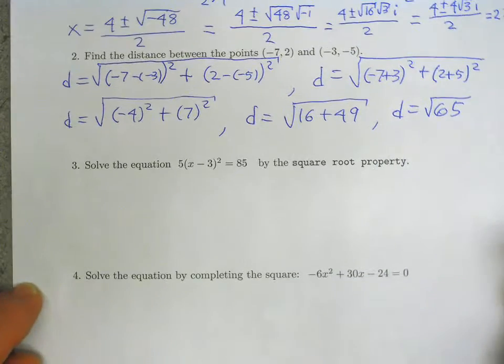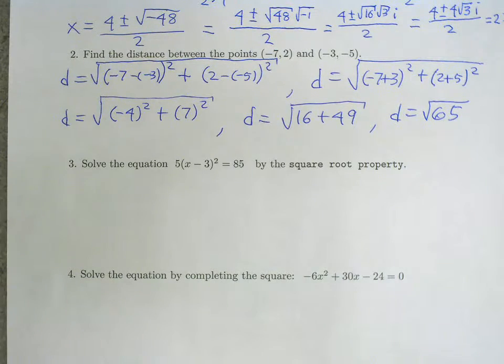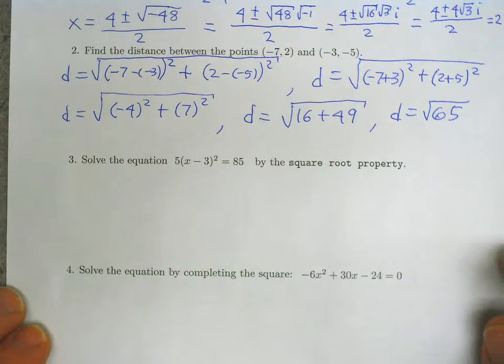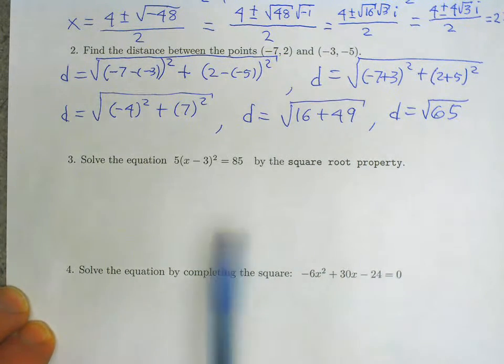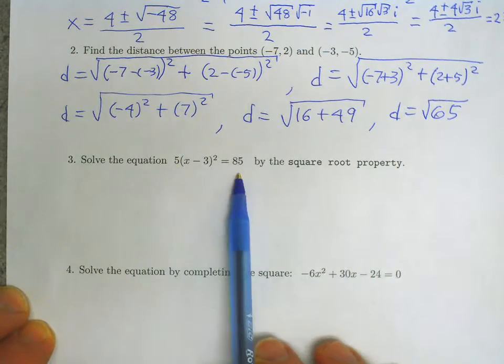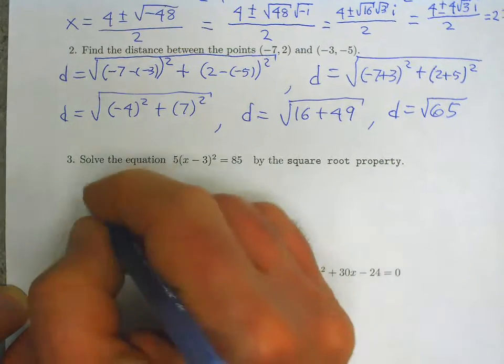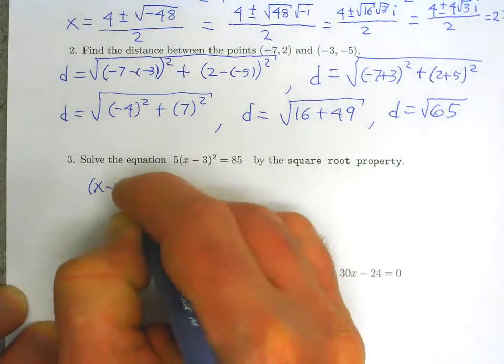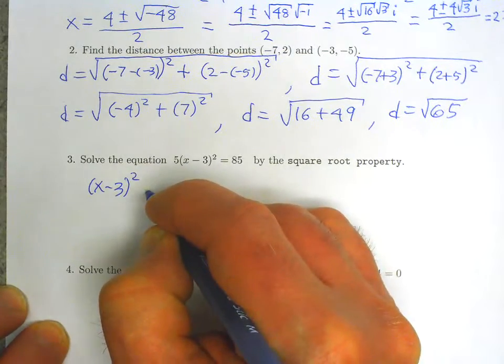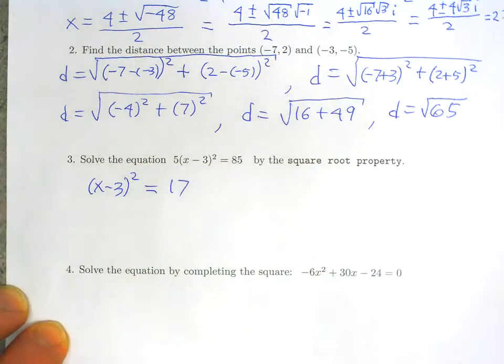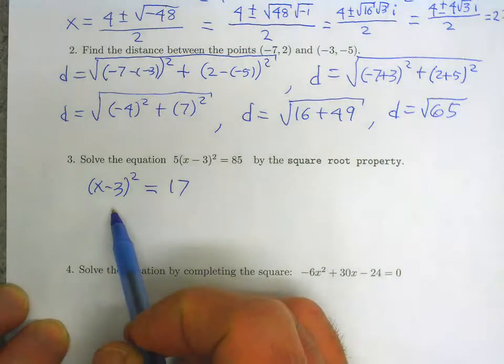The next problem, solve the equation 5 times the binomial x minus 3 squared equals 85 using the square root property. So first we want to divide both sides by 5, and we get x minus 3 squared equals 17. And now we can apply the square root property.